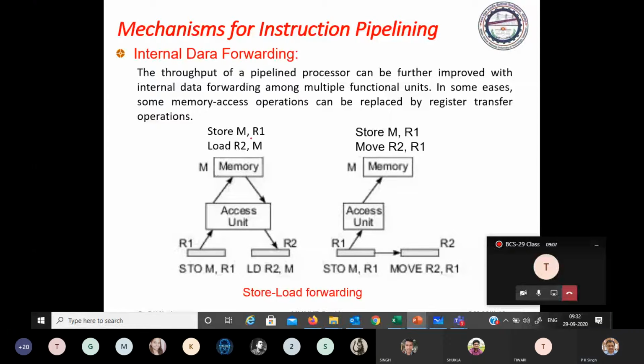Here, suppose the same information we have to store in the memory, and again we are loading it in register R2.